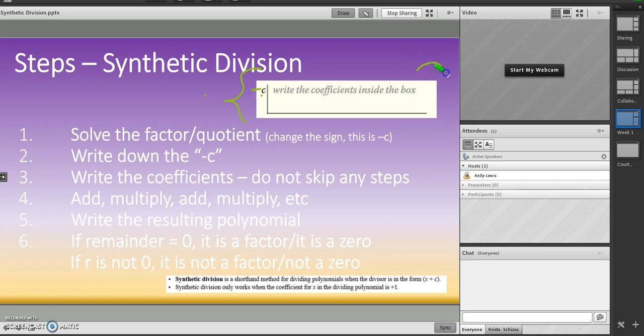This is like the shell, and you're going to draw this line thing. You'll solve the factor, change the sign, and that's your negative c. You'll write that right outside. And you'll write the coefficients. We can't skip any steps, which is: add, multiply, and multiply.